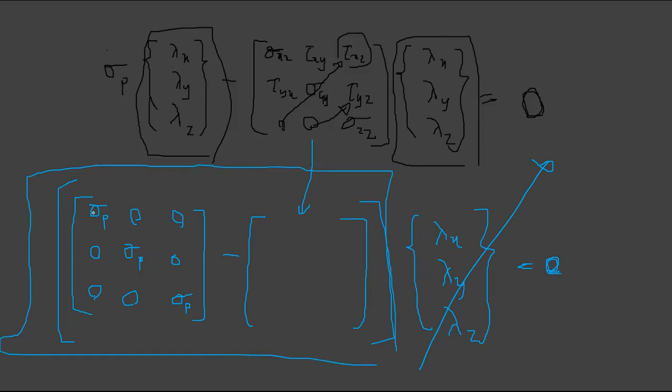So you can subtract from sigma p to sigma z, so that you can write sigma p minus sigma x, and this is minus tau xy, this is minus tau xz, this is minus tau yx, sigma p minus sigma y, minus tau yz, tau zx, minus tau zy, sigma p minus sigma z, right?